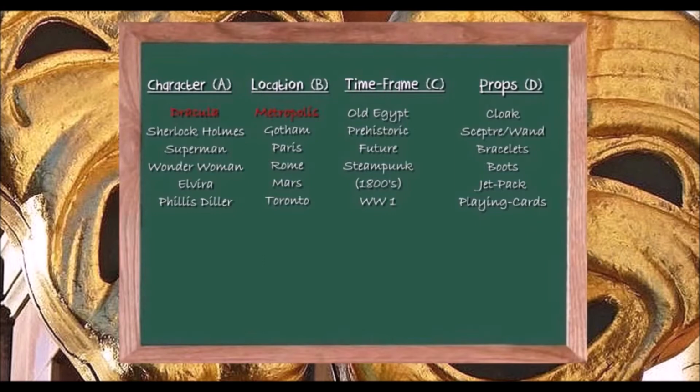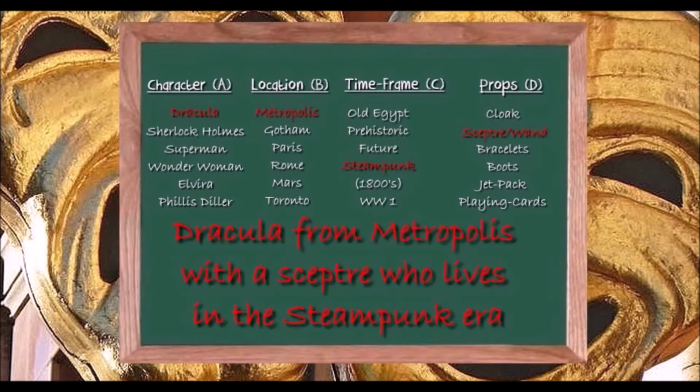And column C, perhaps it's the steampunk era. And finally D, perhaps it's a magic wand. So the character you've inadvertently come up with is Dracula from Metropolis with a magic wand who lives in the steampunk era. This is just one example of using the list method.